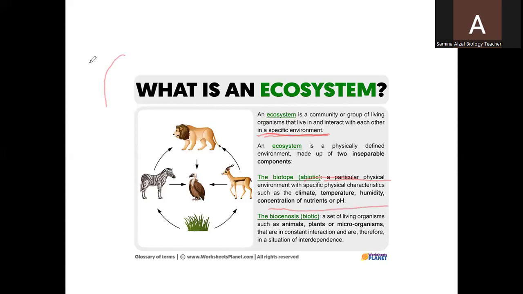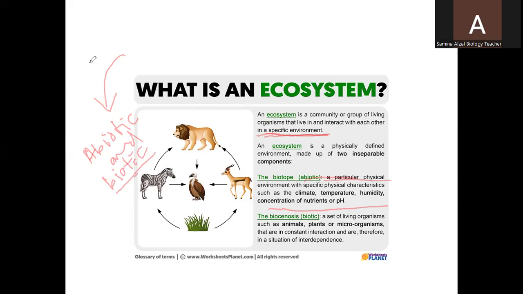And in an ecosystem, abiotic and biotic factors interact with one another. For example, living organisms cannot live without water, they cannot live without the maintenance of temperature, etc. And the same is the case the other way: there is no use of soil or temperature and pH if there is no life on the earth.